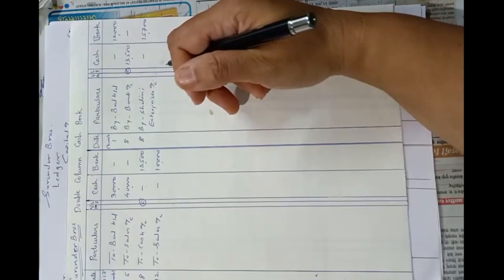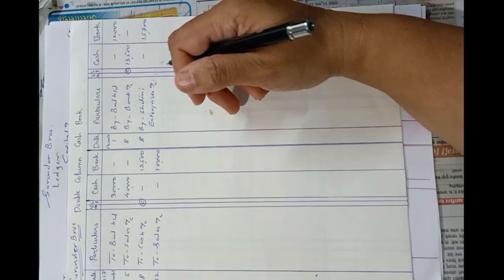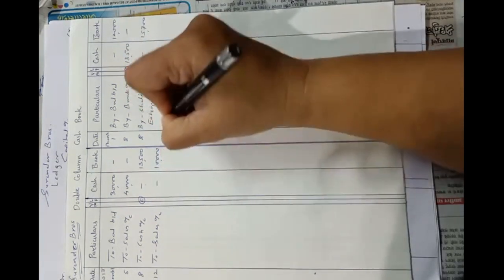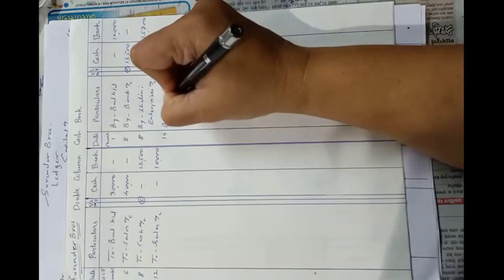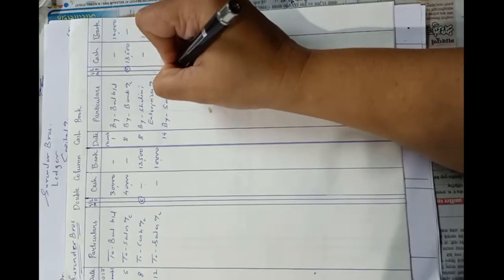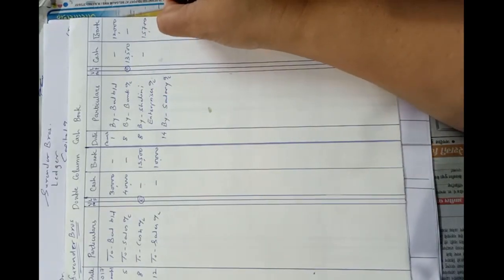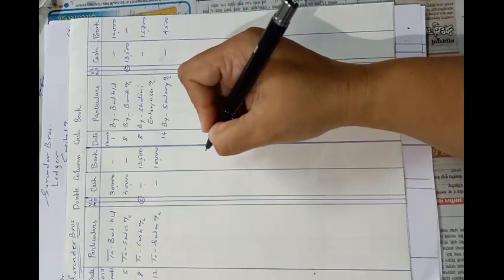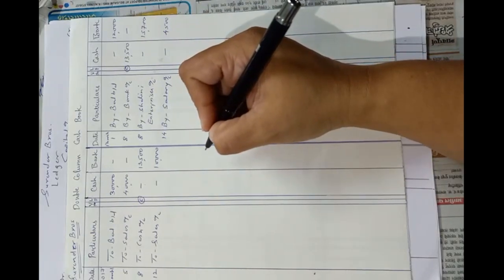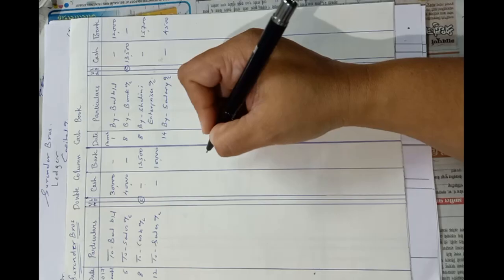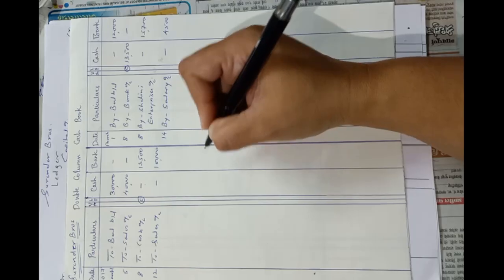Okay, next, 14th, paid salary by check rupees 4,500. Again on the payment side, by salary, in bank column 4,500, in cash column dash. 15th, paid for repairs and renovations of showroom rupees 7,800 in cash.